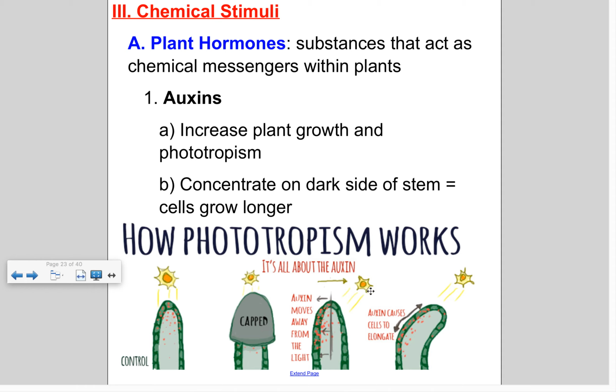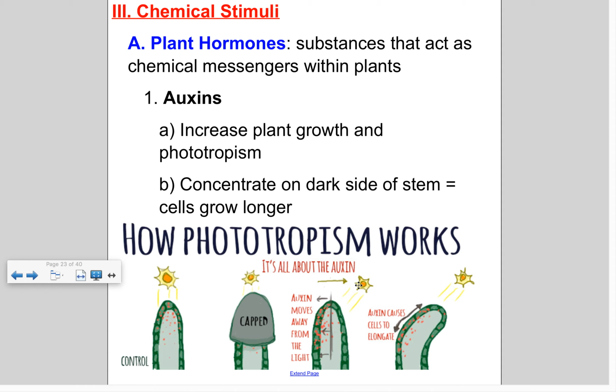But if the sun moves, if I change the direction of my sunlight, auxin moves away from the light, and it causes these cells to elongate, to stretch. So auxin causes cells to elongate. When these cells elongate and these cells stay the same size, now you see that this half bends toward the light.